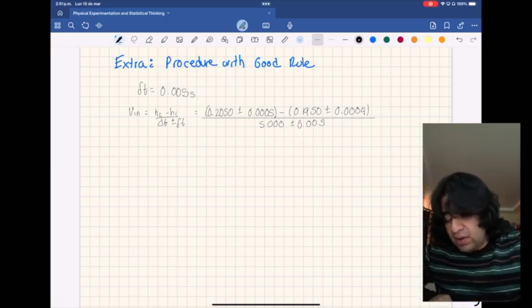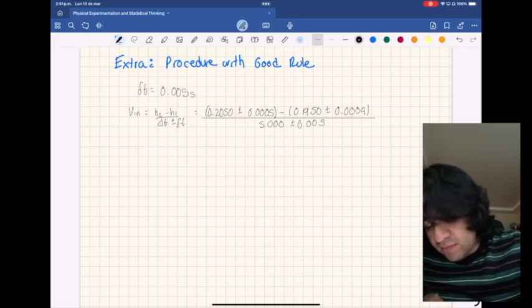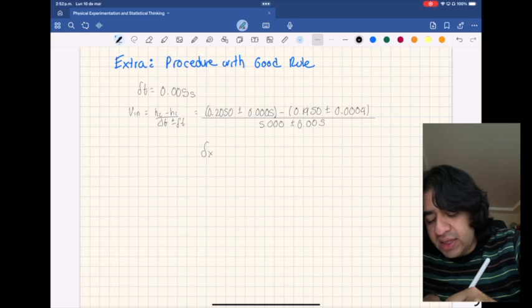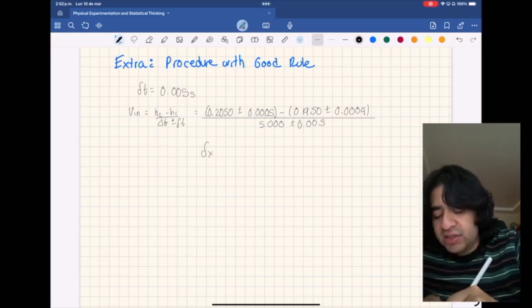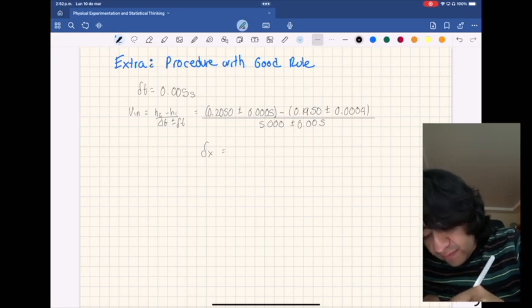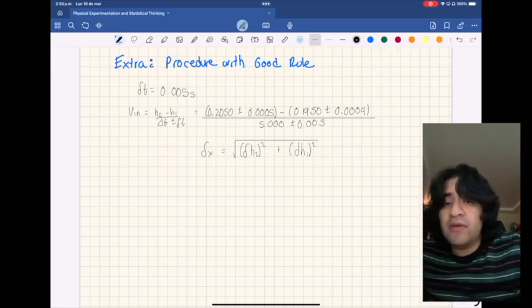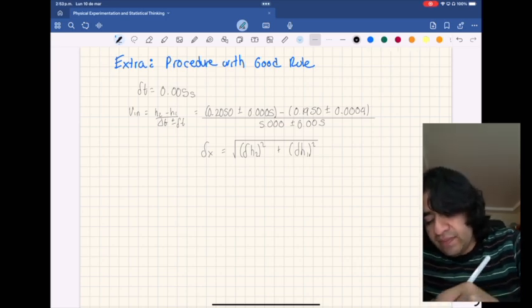Now that we have our original equation, we proceed to solve it. We have to remember that the equation that we have to follow for calculating uncertainties using the good rule for addition and subtraction is the following. It is the square root of the sum of the squares of both uncertainties. Now that we know this, the rest of the procedure remains the same.